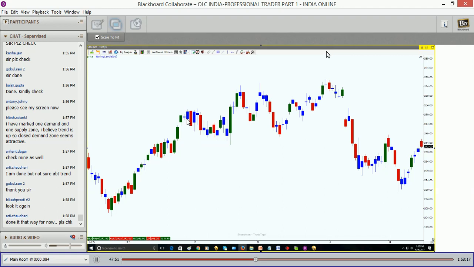Which is your zone, Balaji? Why is your zone starting from there on the left hand side of the screen? See, why is it extended all the way to the left? Just delete that and mark your zone again, Balaji. I'll wait. Delete that and mark your zone again, please.